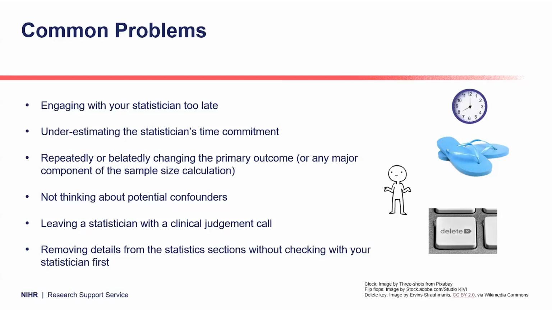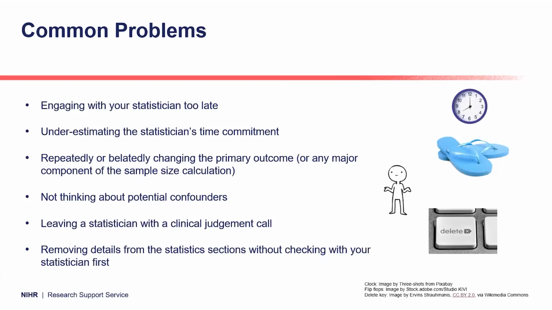Leave plenty of time for them to help you, unlike the video example, when his grant was due the next day. For example, don't send your statistician the whole application at the last moment, asking them to fill in the sections about power calculations and analysis plan.